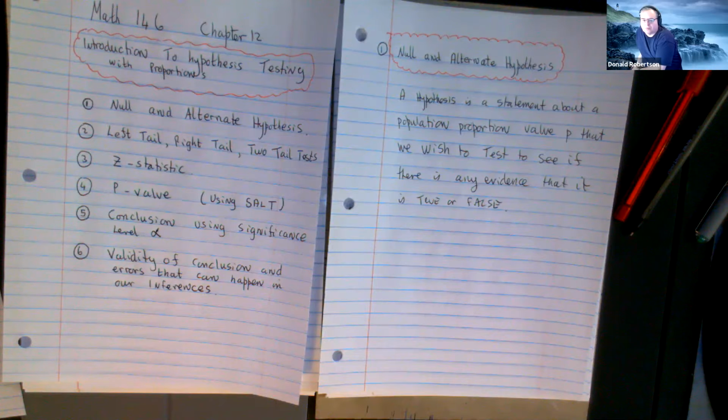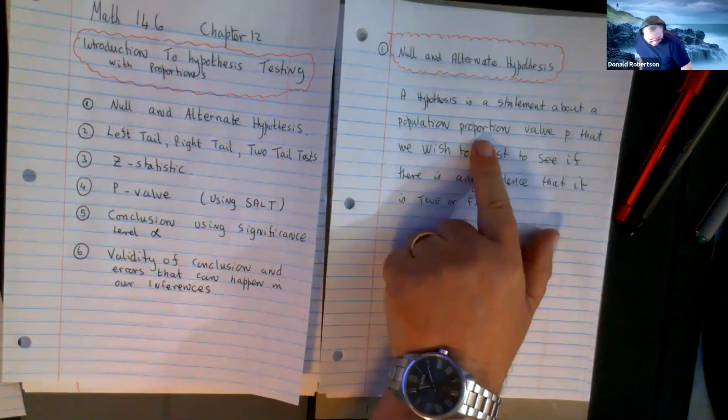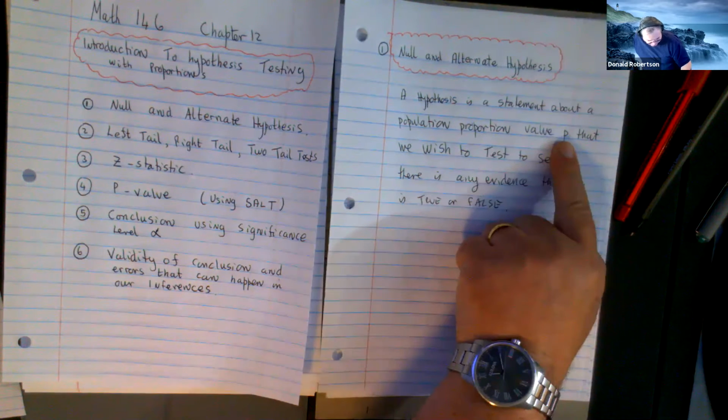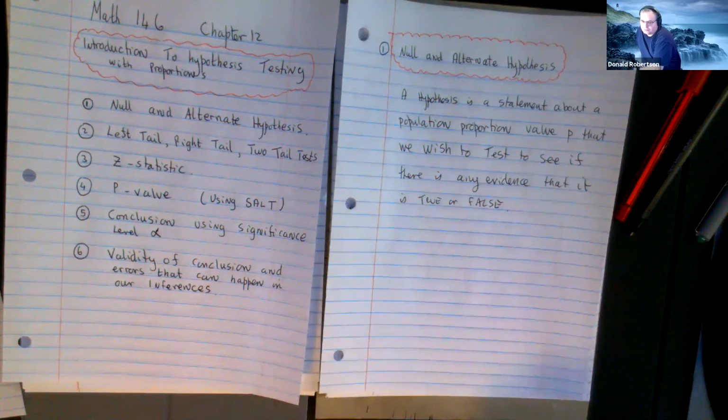And that's kind of what hypothesis testing is. It's a formal way of setting up a process where you try to prove or disprove something. So a hypothesis test is a statement, in this case, about a single population proportion, and that's called P, that we wish to test to see if there's any evidence that this proportion is true or false.